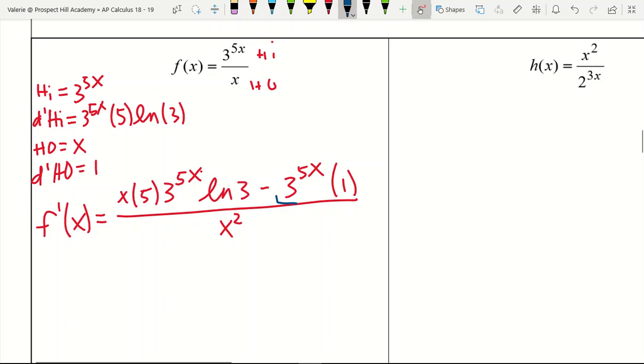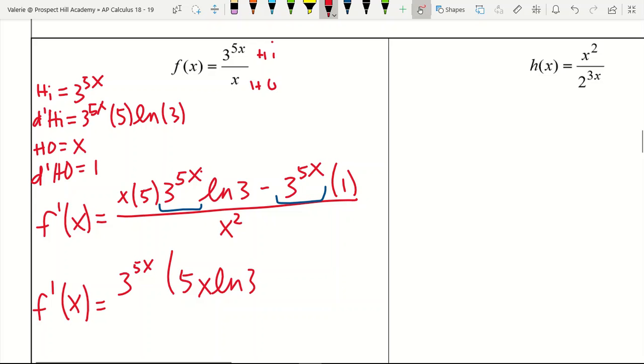You can factor out a 3 to the 5x from both terms in the numerator, so you'll get that the derivative of the function equals 3 to the 5x times (5x ln 3 minus 1) all over x squared.